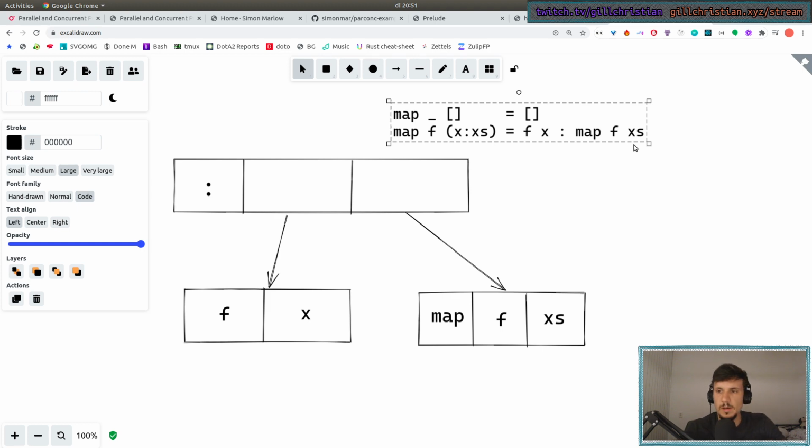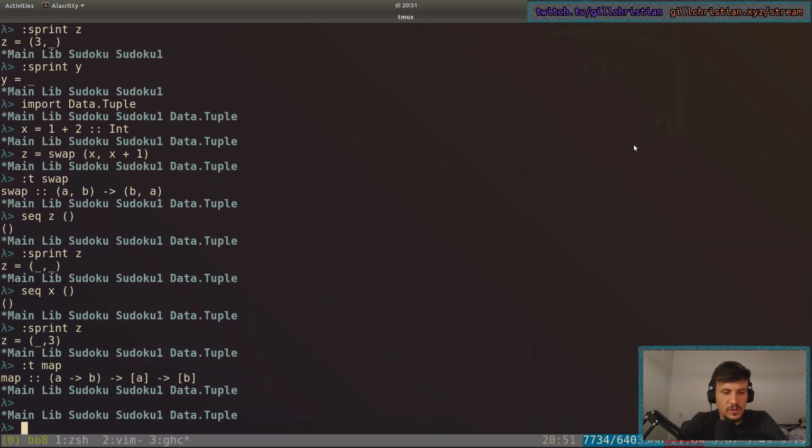Now let's go back to the repo. Say we have xs now, which is a list from 1 to 10.